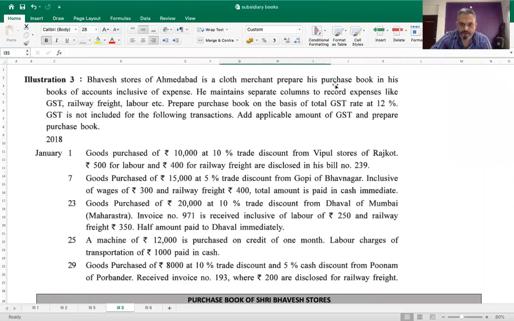Prepare his purchase book in books of accounts inclusive of expense. He maintains separate columns to record expenses like GST. Actually GST is not an expense, but here it is given, so let's accept it. Okay, railway freight, labor, etcetera.